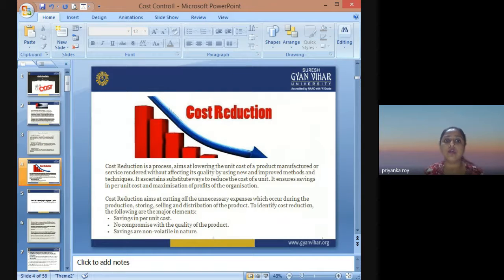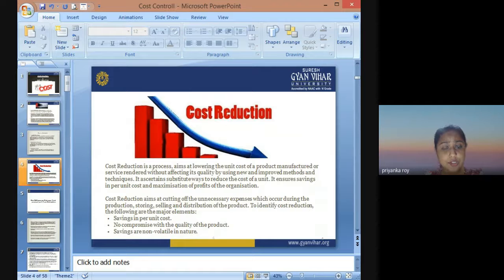Cost reduction is a process aimed at lowering the unit cost of a particular product manufactured or service rendered without affecting its quality, by using new and improved methods and techniques. It is a way to substitute and reduce the cost per unit. It ensures savings in per-unit cost and maximizes the profit of the organization.